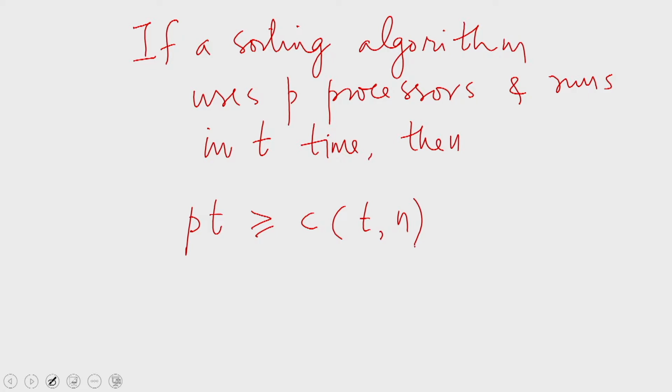But then we have already claimed that Ct of n is greater than or equal to t n power 1 plus 1 by t by e minus nt. So, that establishes that pt is greater than or equal to t n power 1 plus 1 by t by e minus nt.